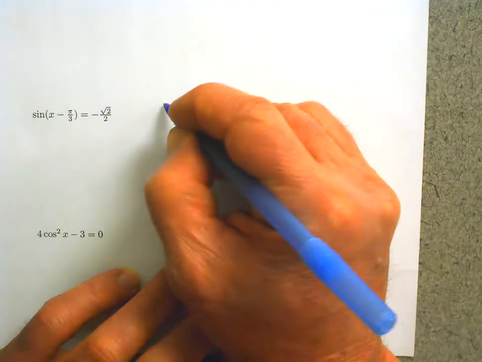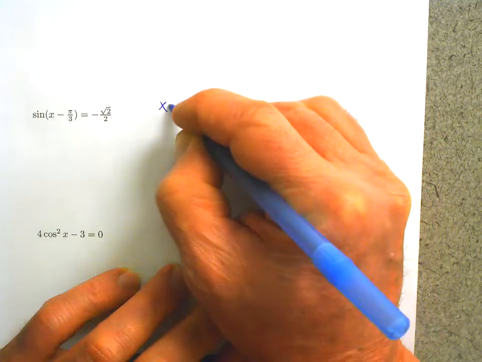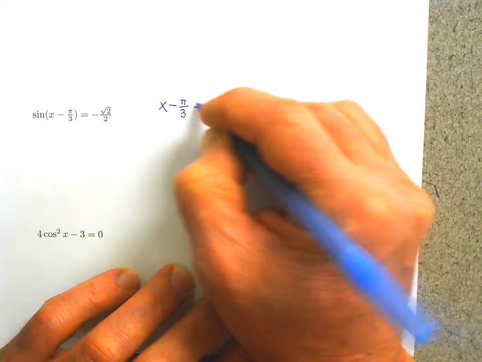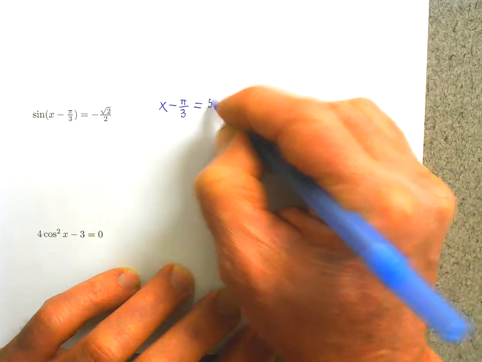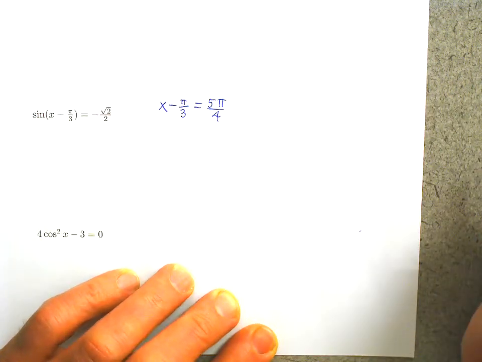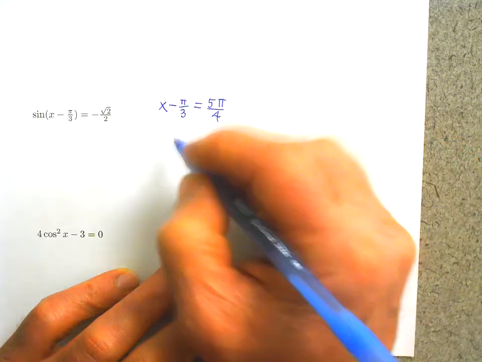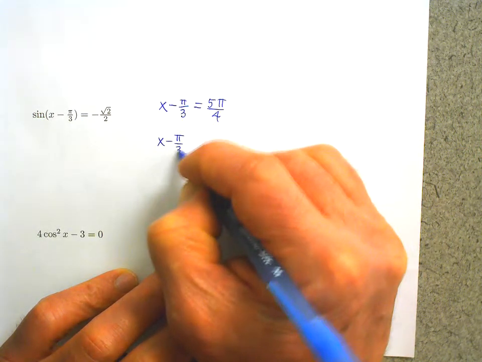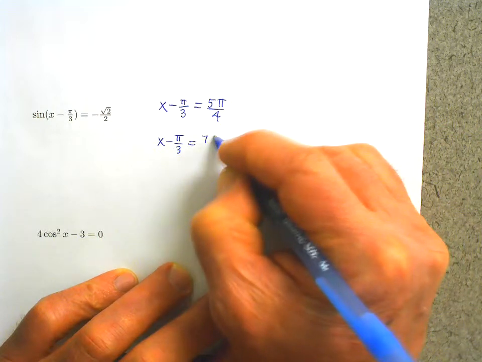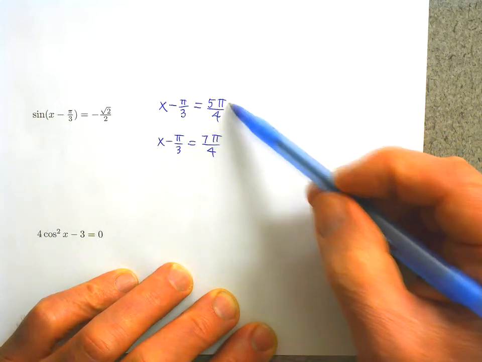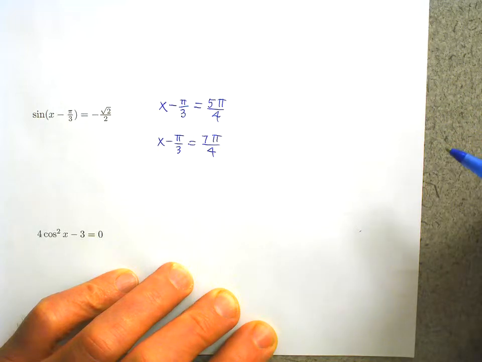So let's just write those down to start with. x minus pi over 3 equals 5 pi over 4. And x minus pi over 3 equals 7 pi over 4. From the third and fourth quadrants where sine is negative.